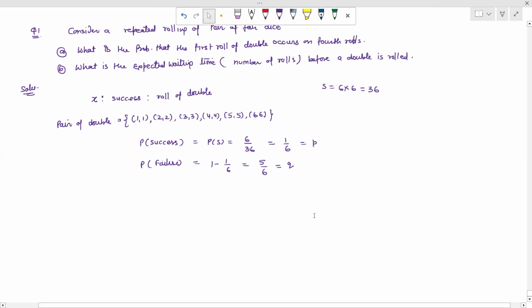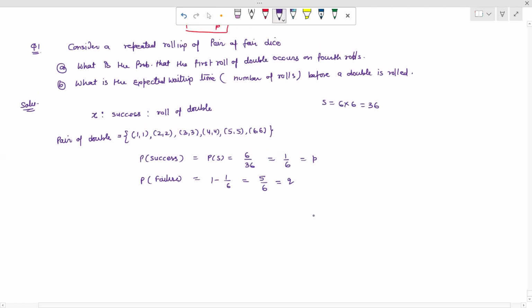Now we read the question. It says: what is the probability that the first roll of double occurs on the fourth roll? That means until the third roll you get failure, failure, failure, then you get the success. So the situation is that we get the first failure, second failure, third failure, then get the success. So success on the fourth roll. This is the first roll, second roll, third roll, and fourth roll. So we get the success on the fourth roll.